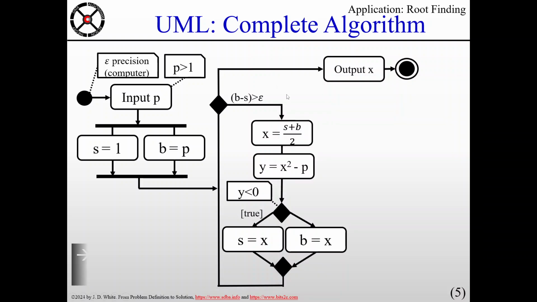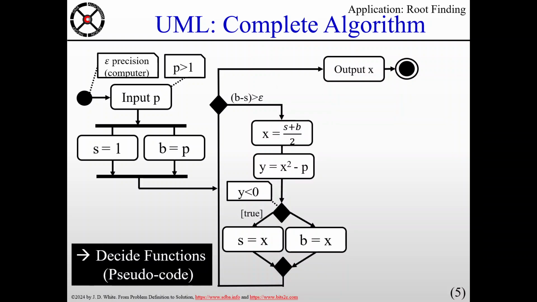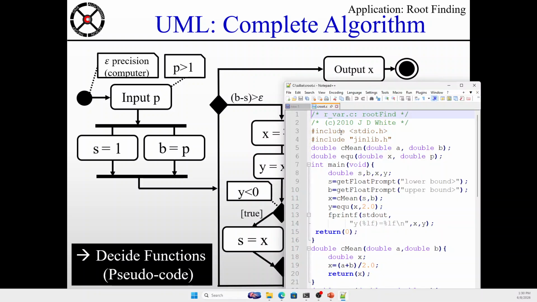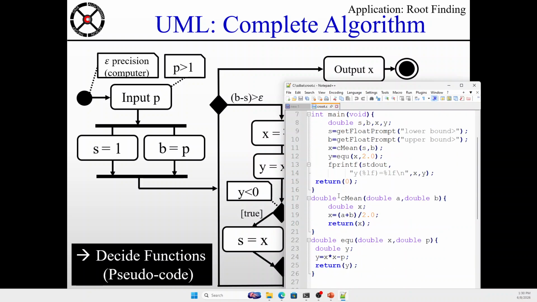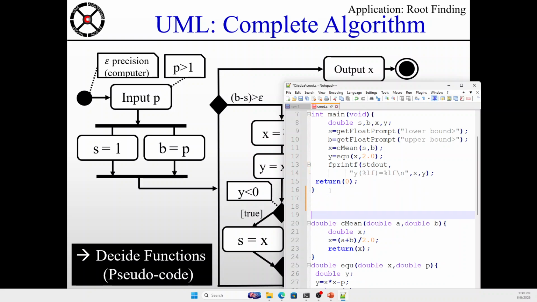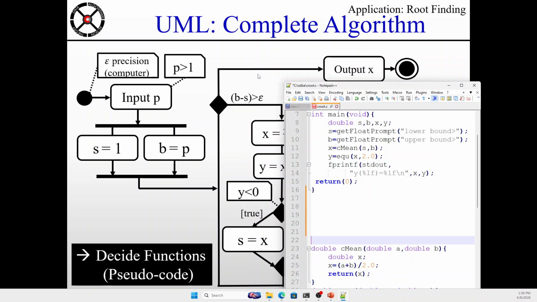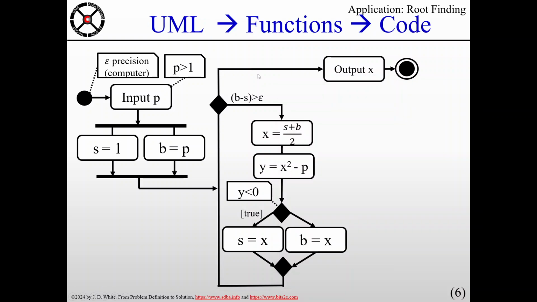All right, what else do I want to do in this algorithm? Okay, after I know my algorithm, I've got my starting code here that we did before with the two functions. I'm not going to change these functions, so I'm going to keep them. So I'll just throw them down here. Ultimately, I should decide on what functions I'm going to use before I code. So I'm going to keep cmean, I'm going to keep equation, I'm going to keep fprintf.